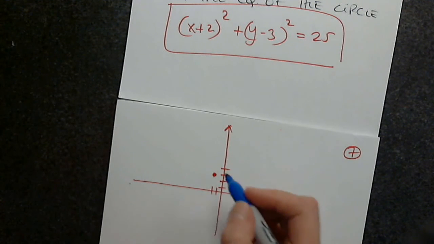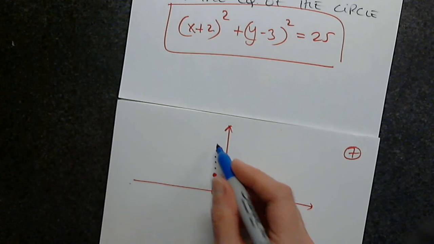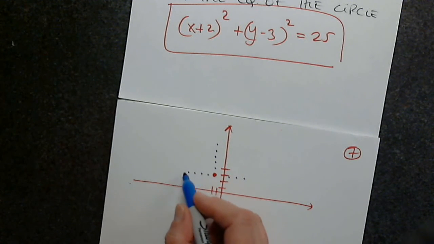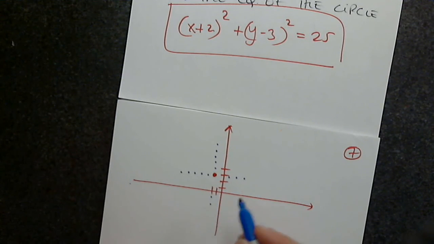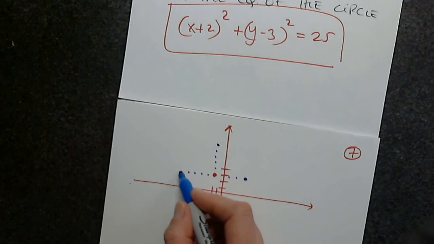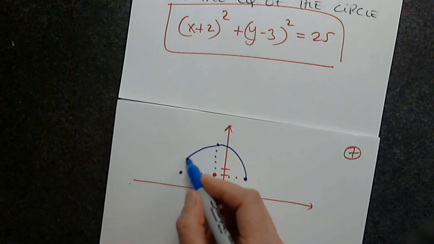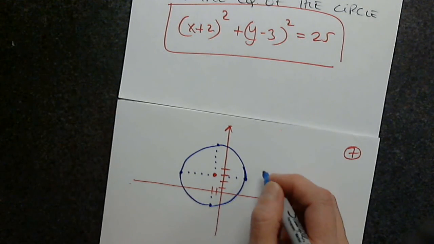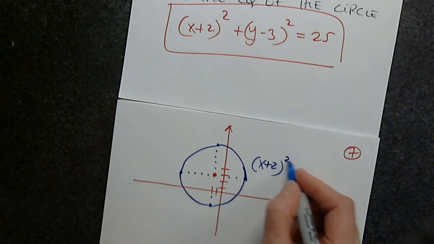So 5 units. 1, 2, 3, 4, 5. It's not going to be perfect, far from. And this is the circle with this equation.